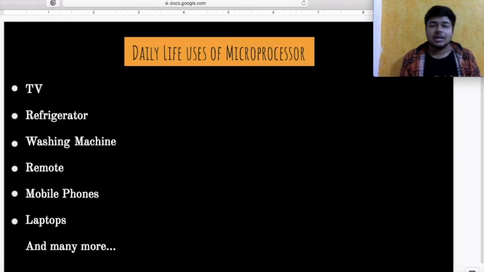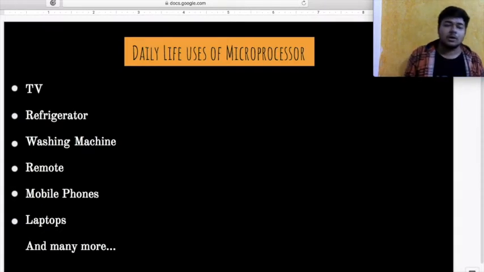Now coming to the daily life uses of microprocessors. Most of the things we use in our daily life contain a microprocessor. A general rule of thumb is that everything which involves programming includes a microprocessor. For example, our TV, refrigerator, washing machine, remote, mobile phones, laptops all have microprocessors. You must be thinking why a washing machine has a microprocessor.